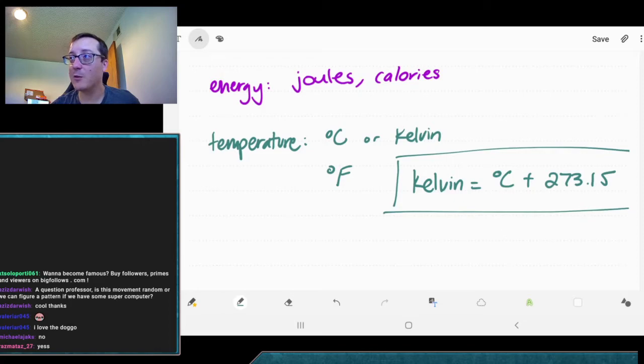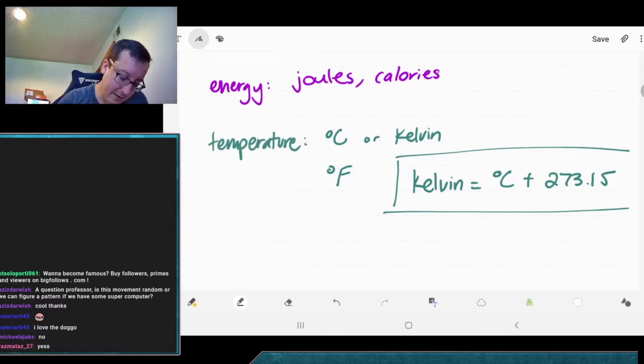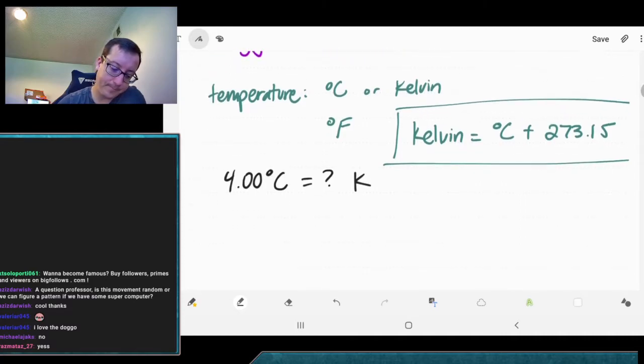Again, I'm not going to really focus on this right now, but if we wanted to, we could say, okay, what is, let's say, 4 degrees Celsius, about the temperature of a refrigerator, we can see how many Kelvin that's going to be by simply adding 273.15 to it.